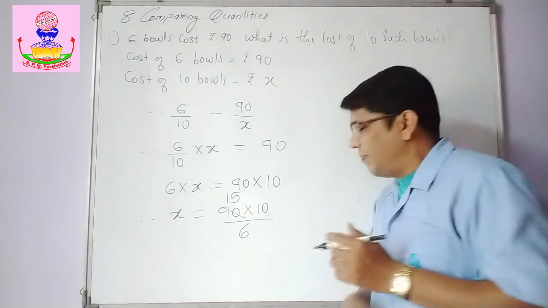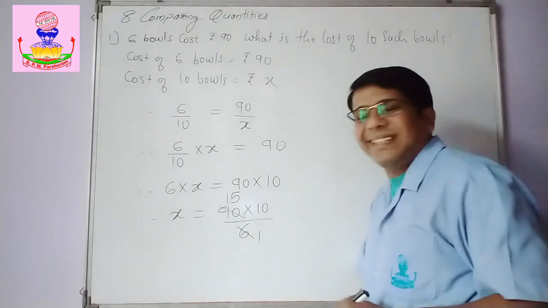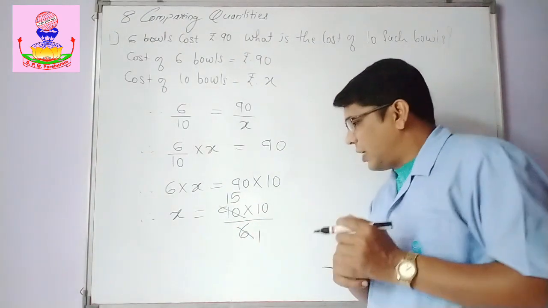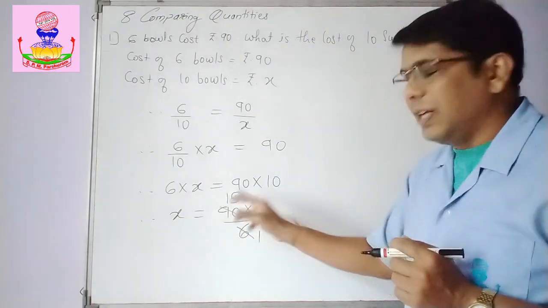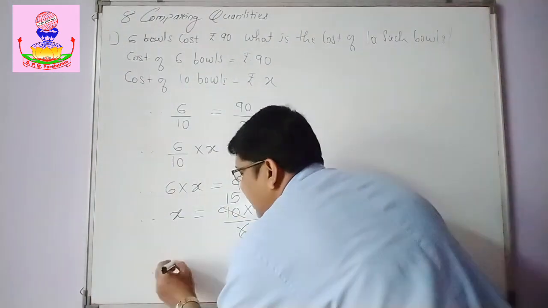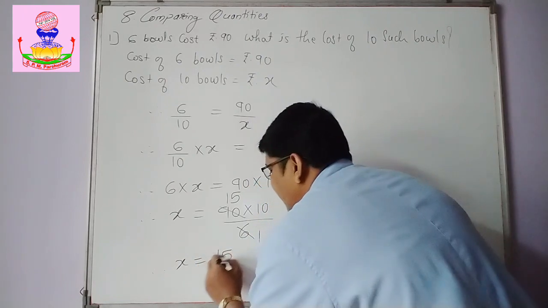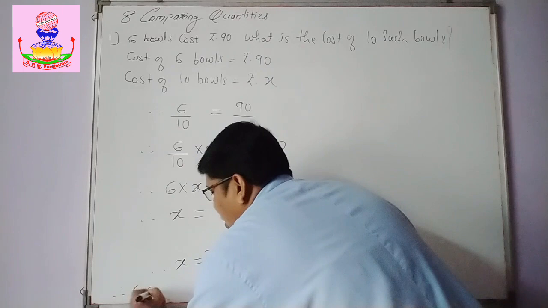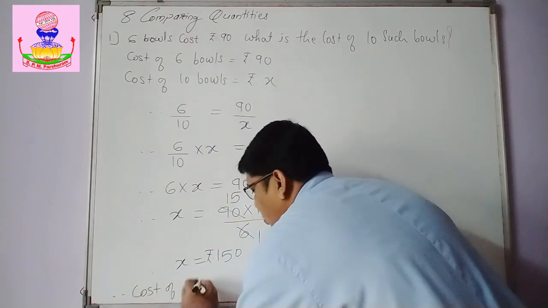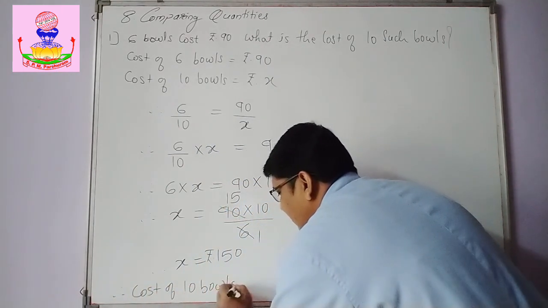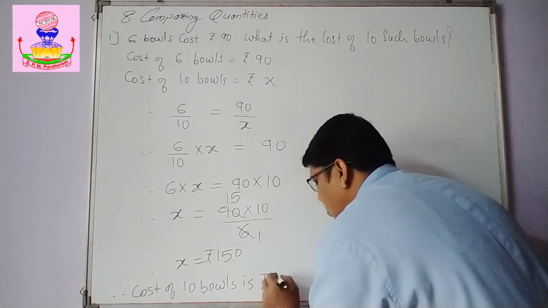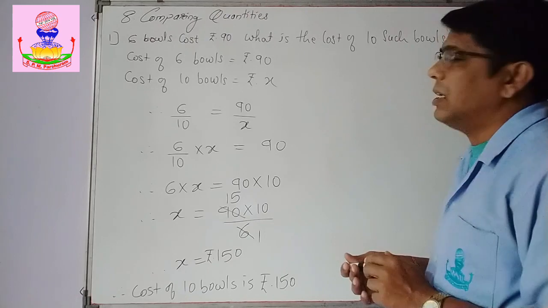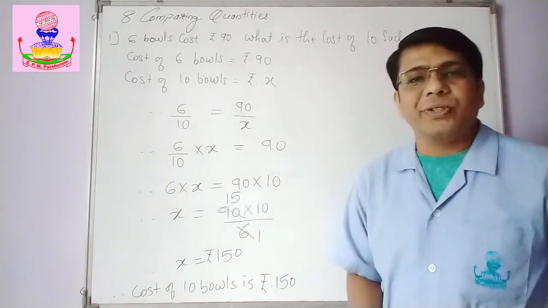Here I want 15, and 6 ones are 6. So 6 15s are 90. And 15 tens are 150. So what is the cost? Rupees 150. Therefore the cost of 10 bowls is rupees 150. So this is using the method of proportion.